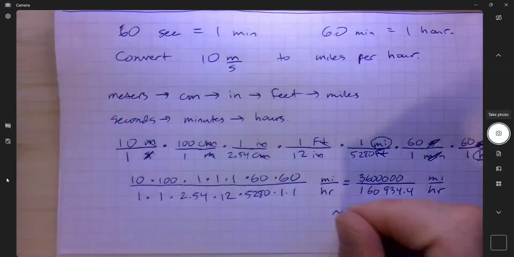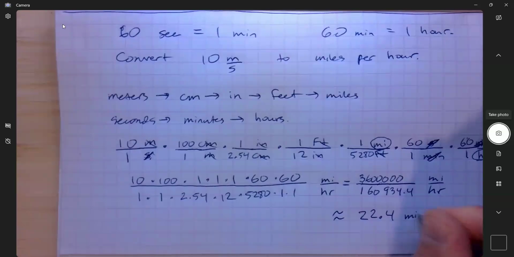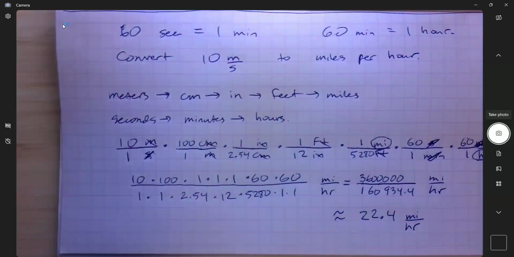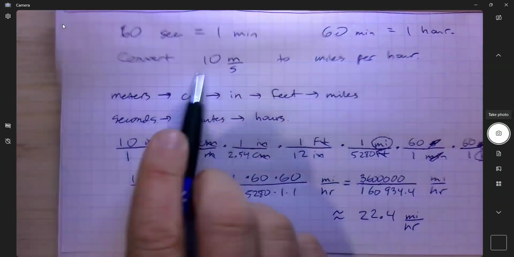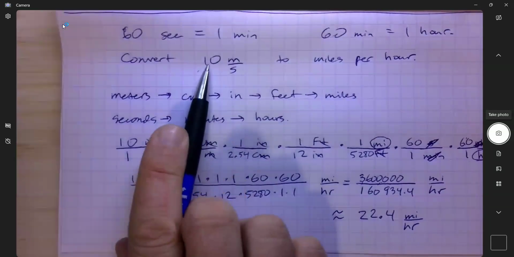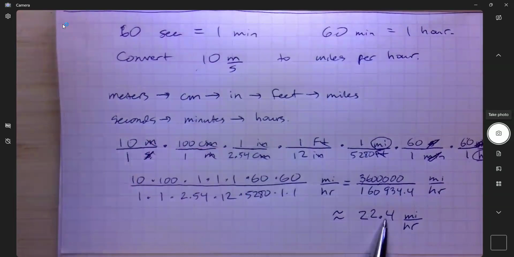And it actually works out to be a very reasonable 22.4 miles per hour. So, you know, a very fast human running 10 meters per second is going about 22 miles per hour.